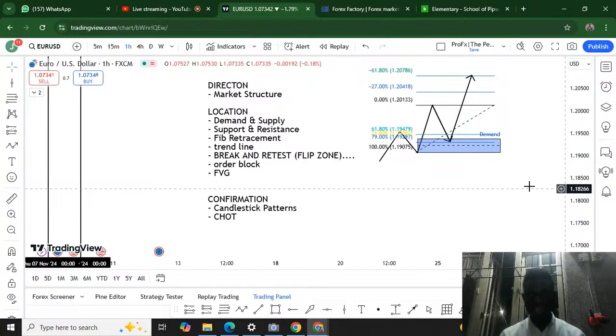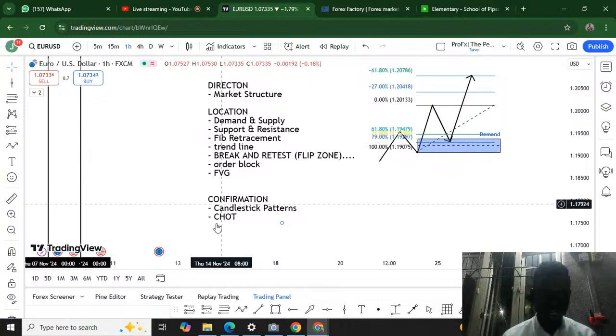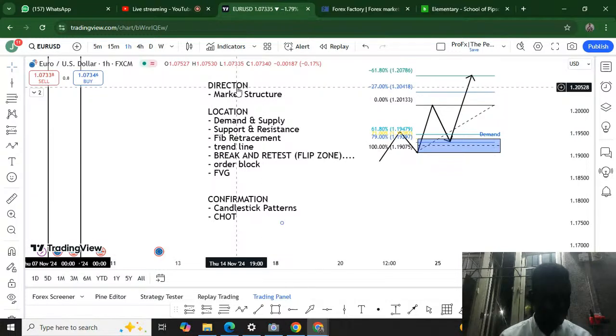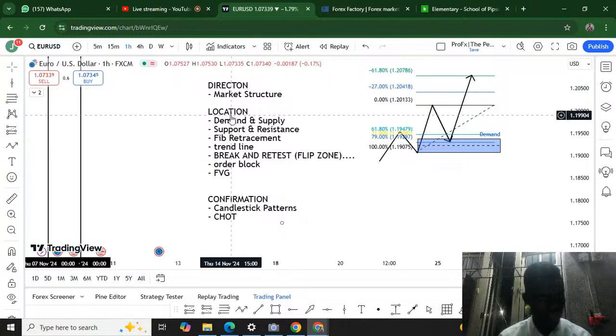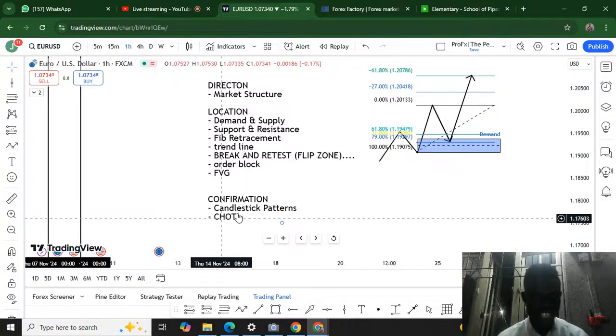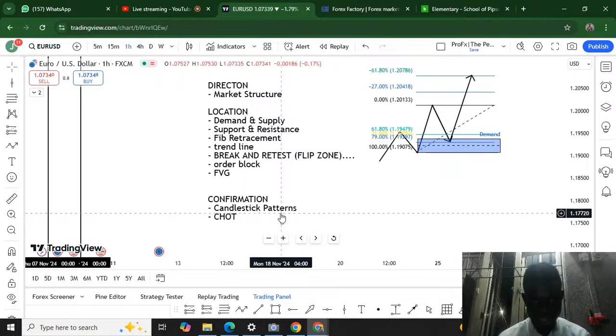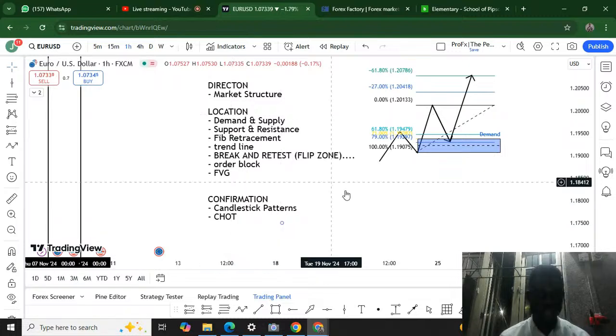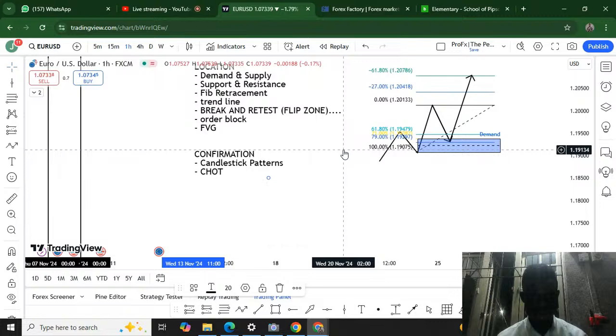So this is for direction, location. Once again, take out each week. I'm going to be sending us materials for everything, so it's not a problem. I'm sending the material on candlestick patterns now, so take out this week for candlestick patterns. If it's time for change of trend, I'll send us change of trend material. If it's time for demand and supply, I'll send that too.